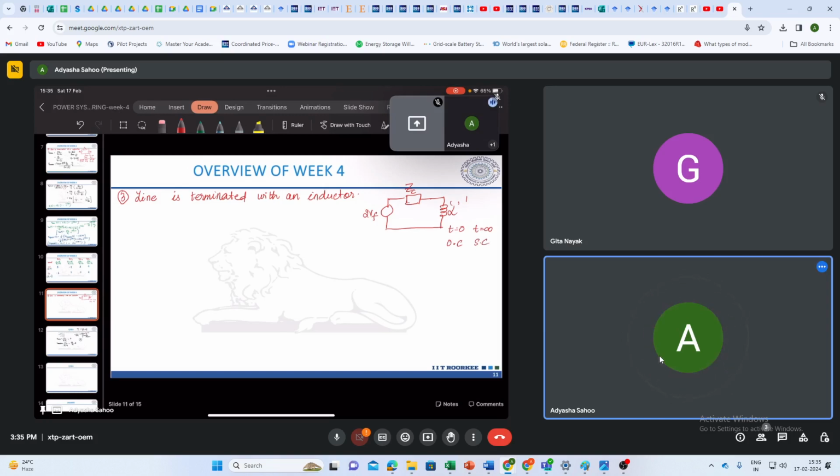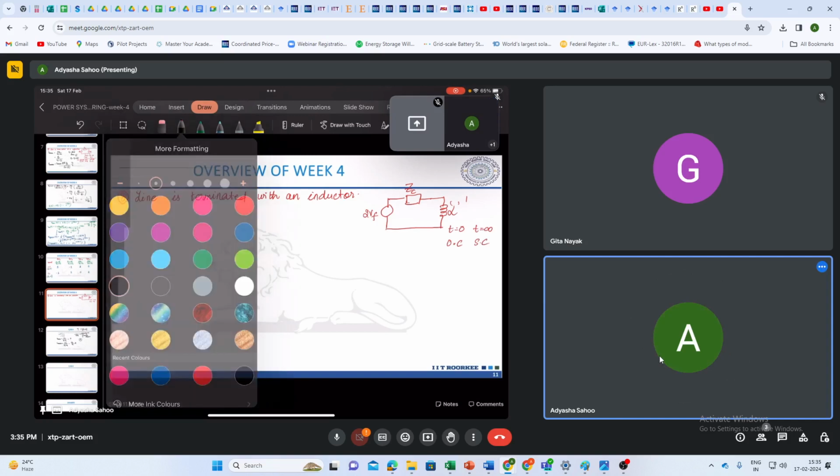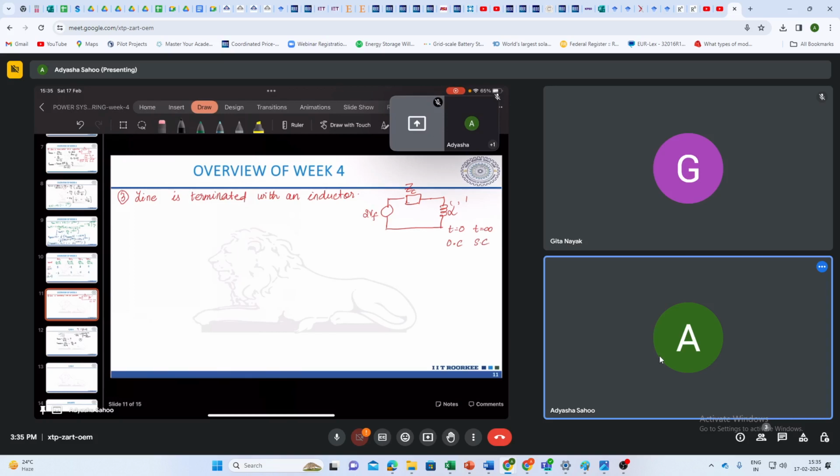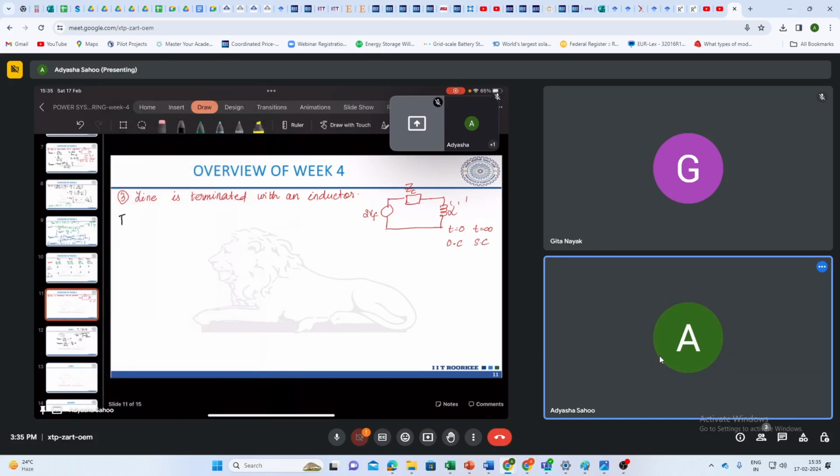So similarly, let me calculate this. I need to find the transmitted coefficient, T transmitted, or refracted.